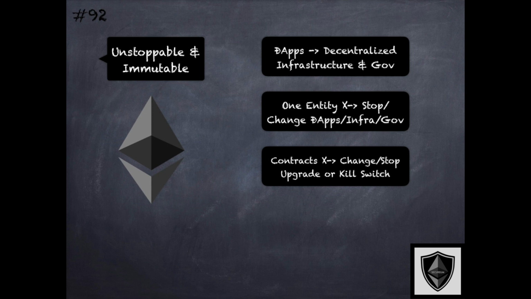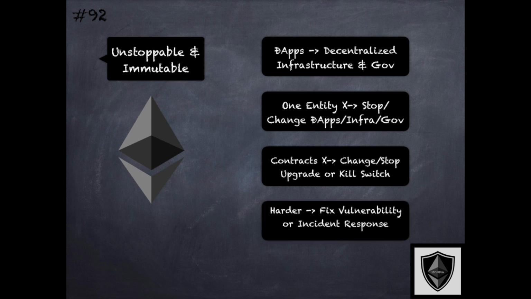And this really stems from the trust minimization motivation, the censorship resistance aspect, and so on. Right? So they're all very interconnected aspects, and as you can imagine, they have huge implications when it comes to upgrading the contracts, when it comes to fixing the bugs, when it comes to really doing anything with the smart contracts once they're deployed, because they are expected in theory and by motivation to be unstoppable and immutable.